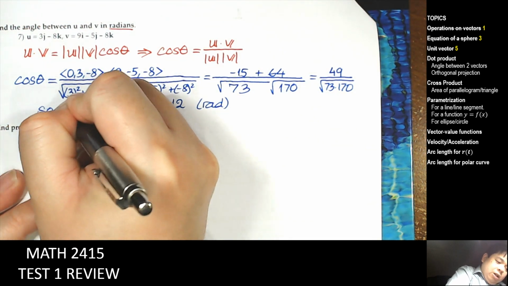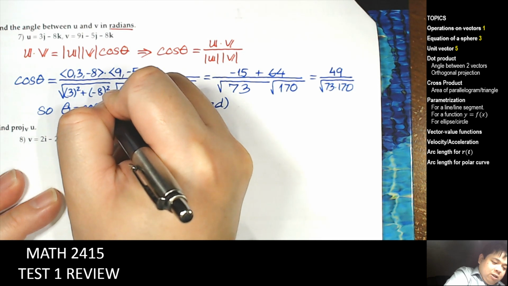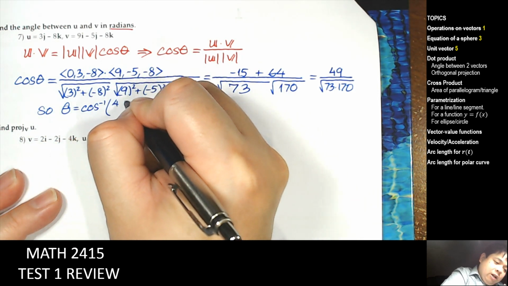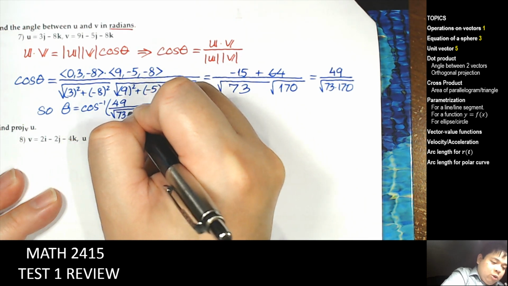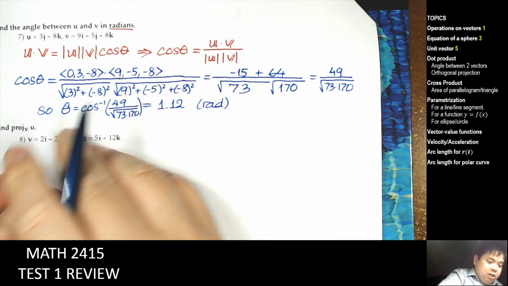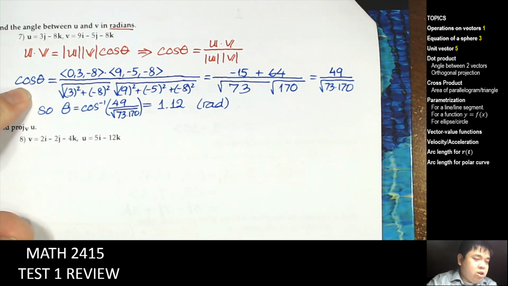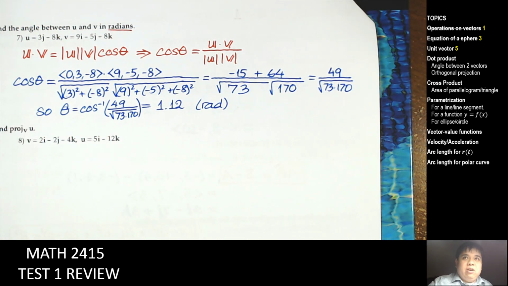So theta equal to cosine inverse of 49 over square root of 73 times 170. Yeah, so that's what we should have. So find the cosine of the angle between two vectors and take the cosine inverse, and we have the angle. So we're doing the dot product here. That we have 6 to 8.